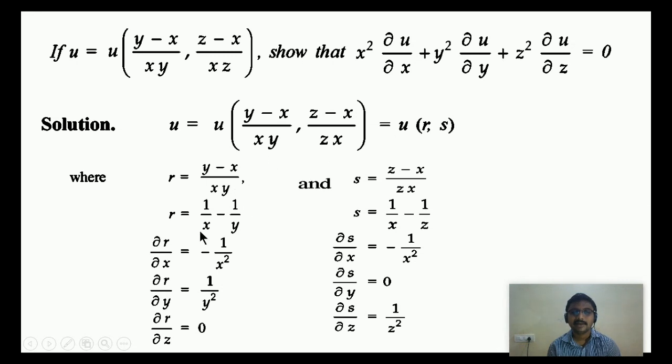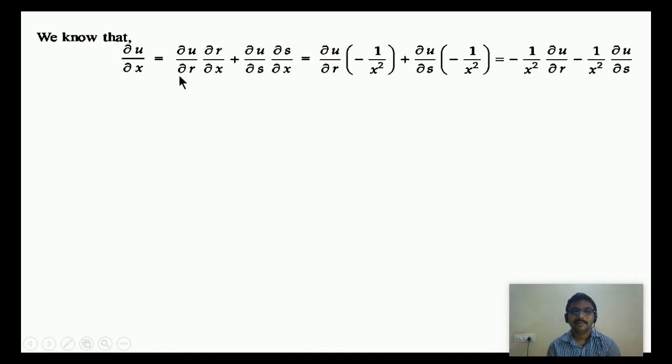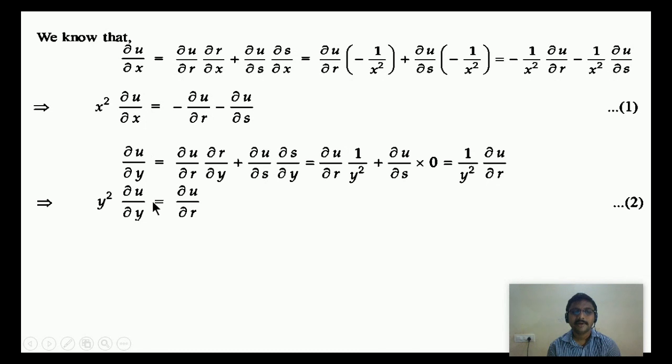r, s are defined here. Compute the partial derivatives of r, s with respect to x, y, z respectively. We need these partial derivatives, and then they are multiplied with x square, y square, z square respectively. ∂u/∂x, just split using the chain rule and then multiply on both sides, we will get x square ∂u/∂x. Similarly, ∂u/∂y multiplied with y square, we will get y square ∂u/∂y.